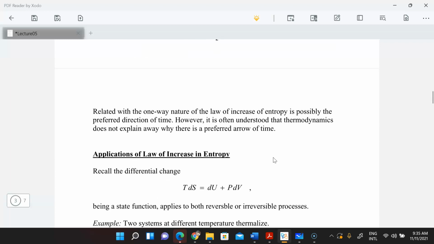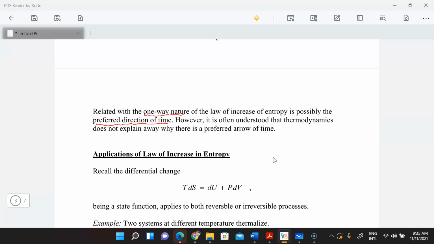One of the things that has also been speculated about this increase in entropy is its one-way nature, and this one-way nature is somehow associated with a preferred direction of time. So, for example, later on we will see the case of a gas expanding. Once it has expanded, it will never go back to the original, because that expansion is an irreversible process.